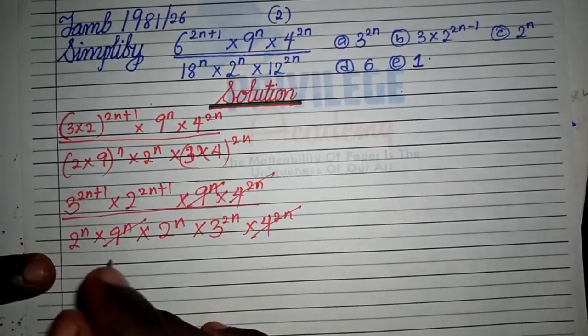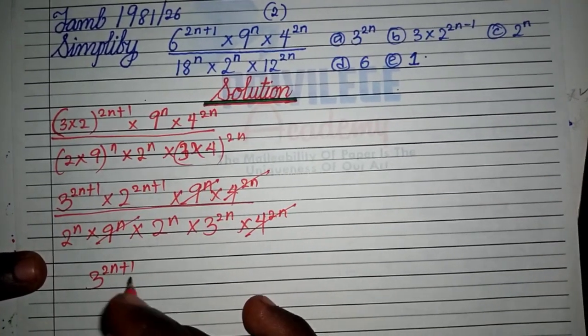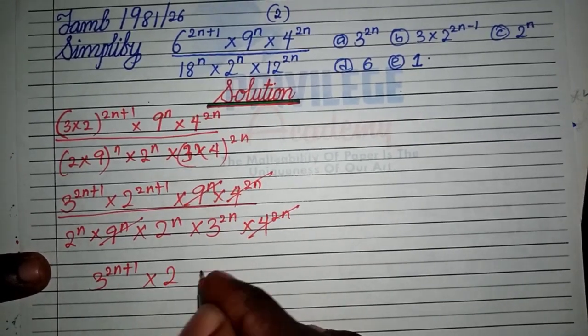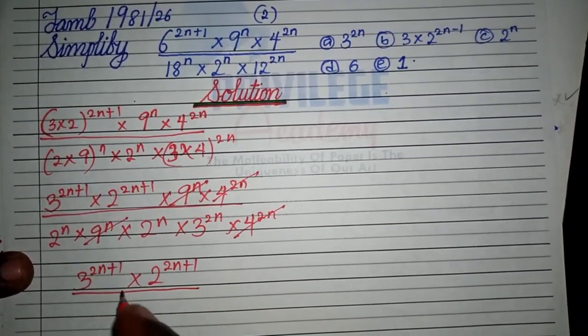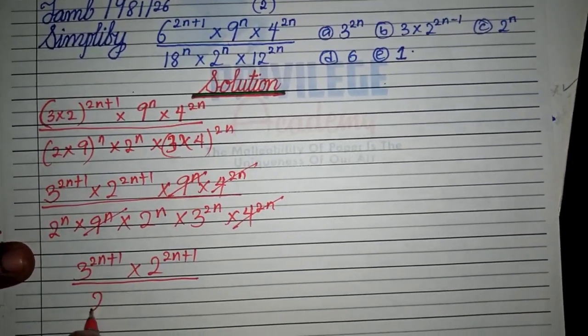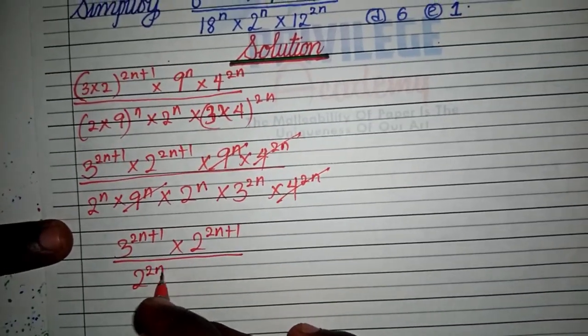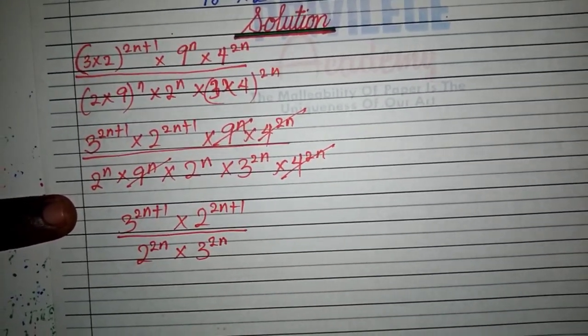So we are left with 3 to the power of 2n plus 1 times 2 to the power of 2n plus 1 divided by, this is 2 to the power of n, 2 to the power of n, so it can be 2 to the power of 2n times 3 to the power of 2n.